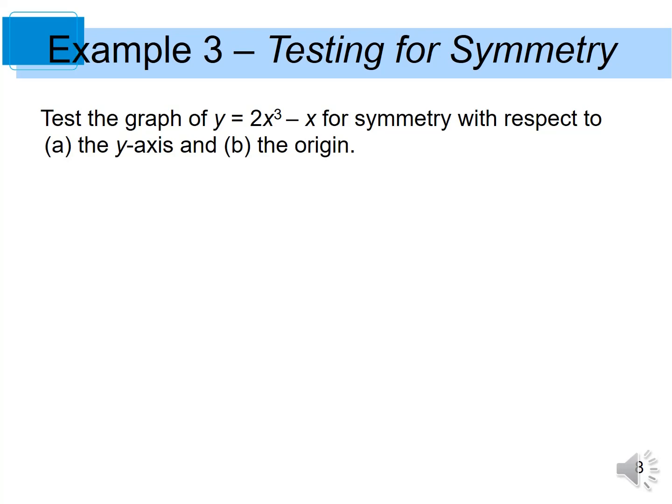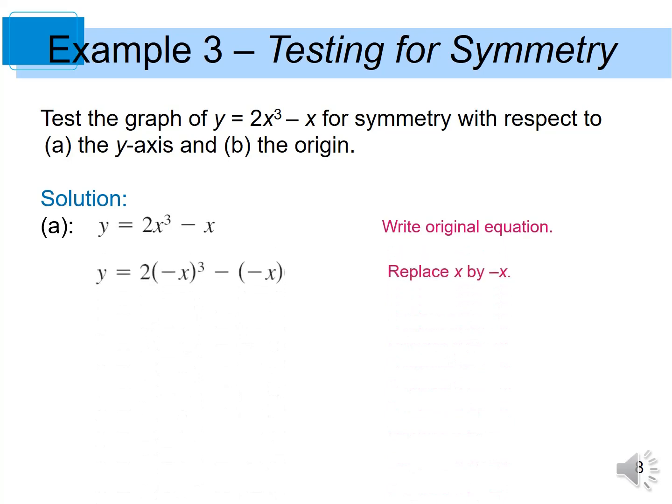We have a guideline just now, to test for the y-axis. First step, you write the original equation. The second step, replace x by -x, and then you simplify.